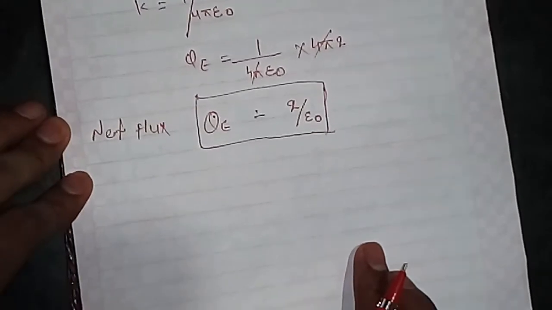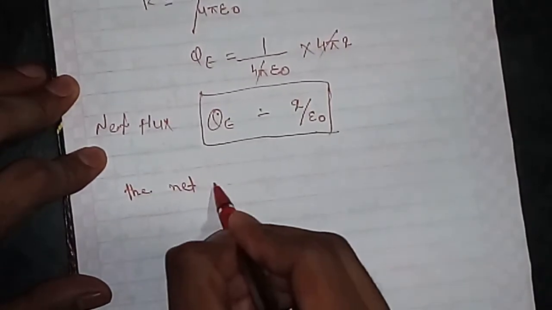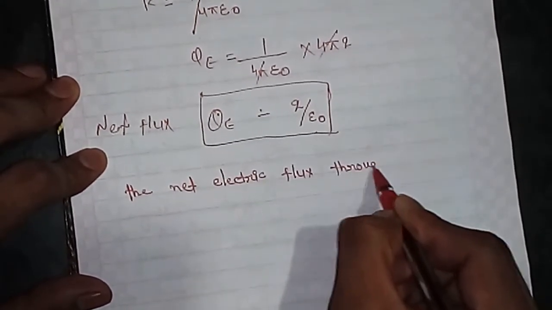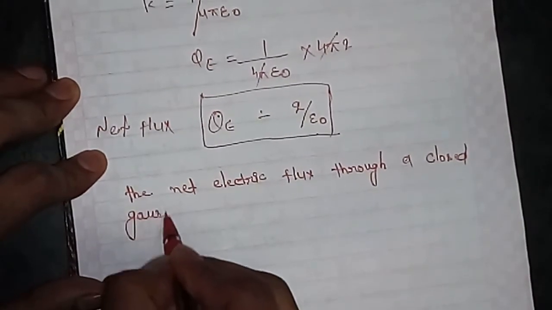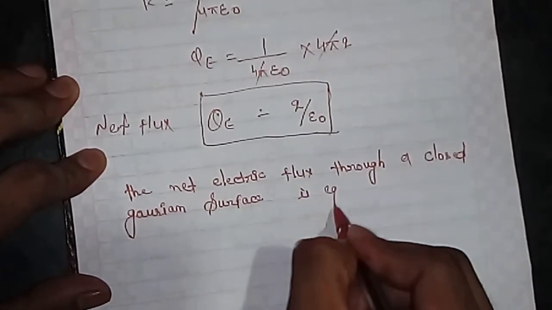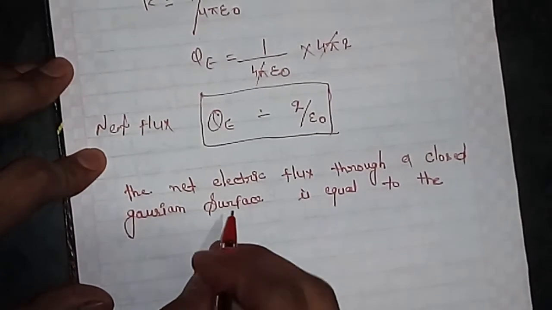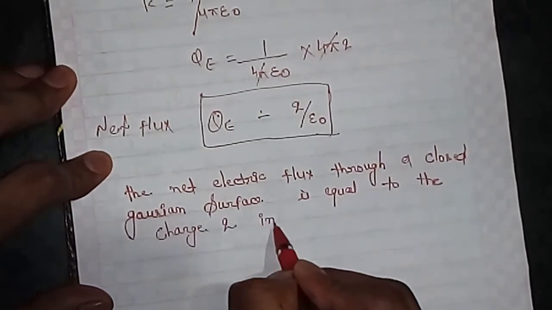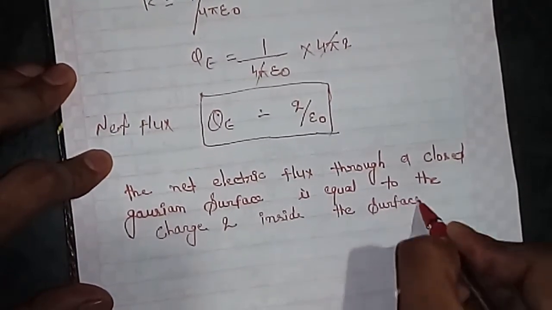This equation states that the net electric flux through a closed Gaussian surface is equal to the charge Q inside the surface divided by epsilon naught.